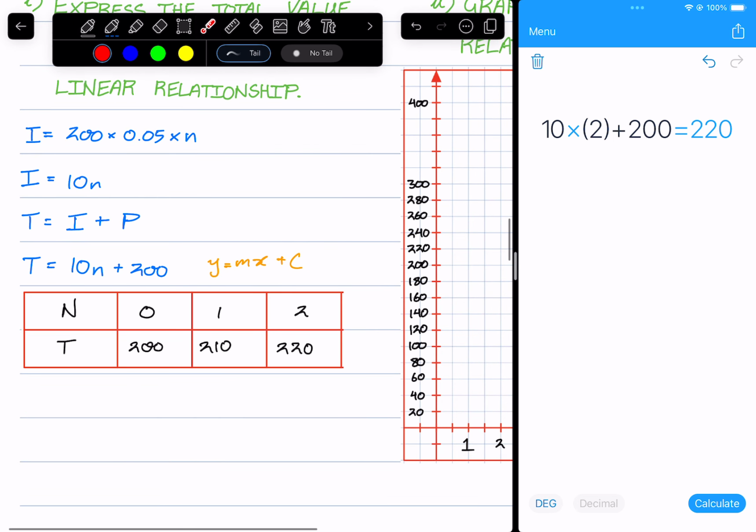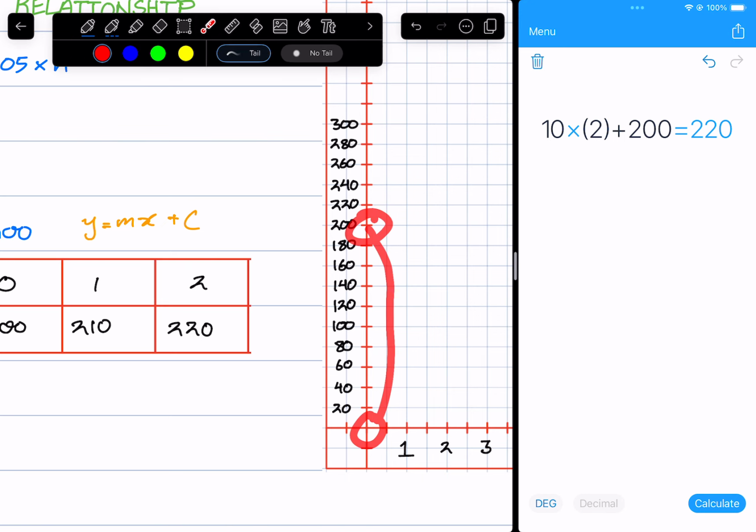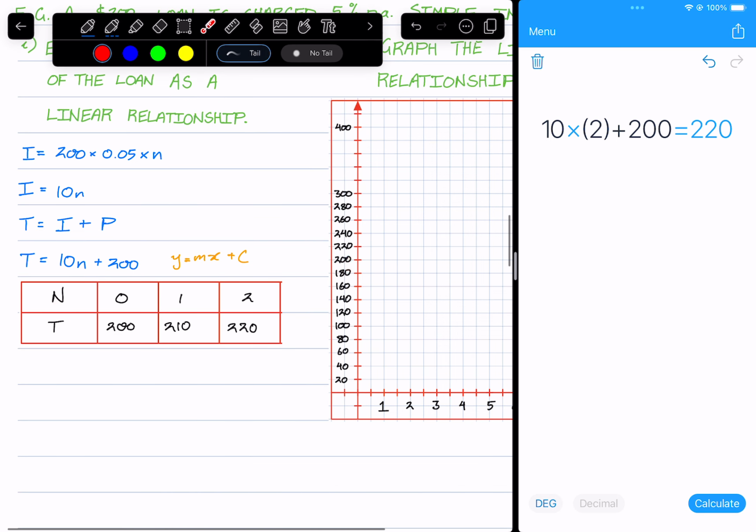Now that we have this, we can sketch this like we've done before. So at n equals 0, the t value is 200.